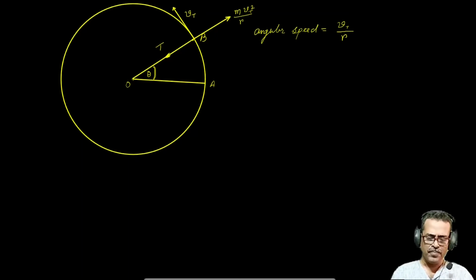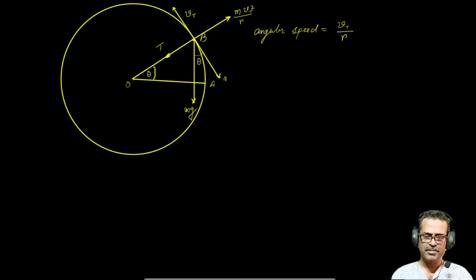Now, the weight of the body acts vertically downward. This is mg, vertically downward. So, if we resolve this force in mutually perpendicular directions along OB and perpendicular to OB, that is opposite to the VT, just in the tangential direction, it is clear from the figure that if this is theta, then it should be theta.